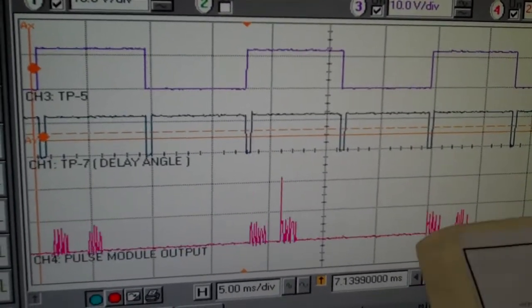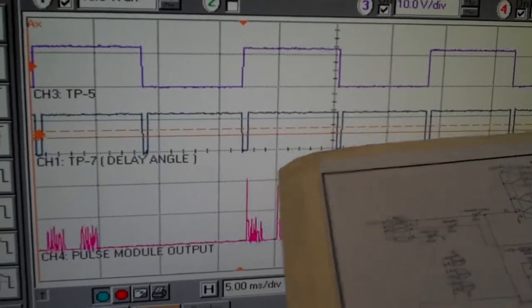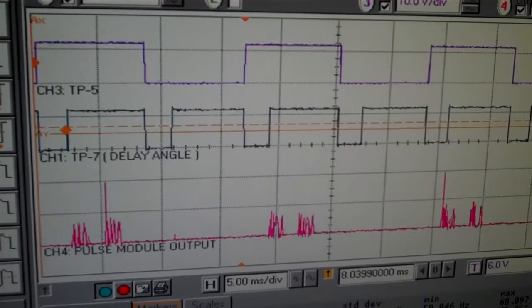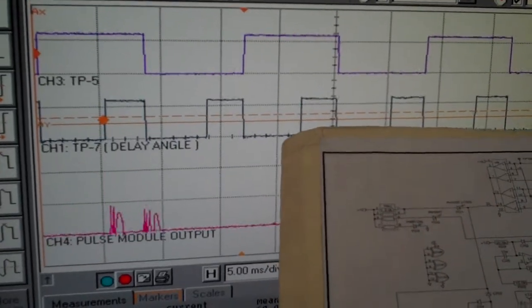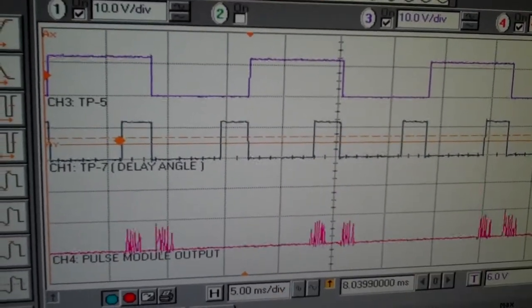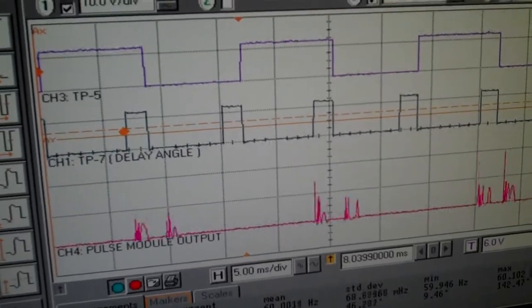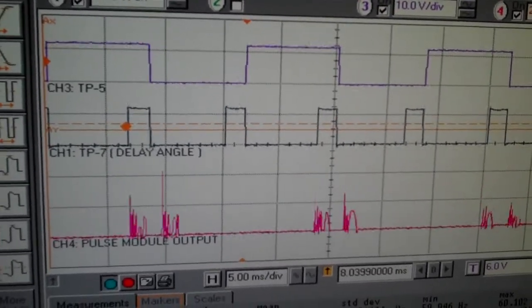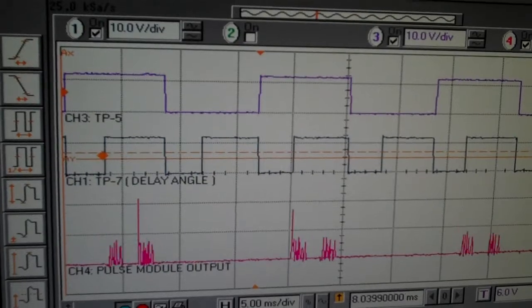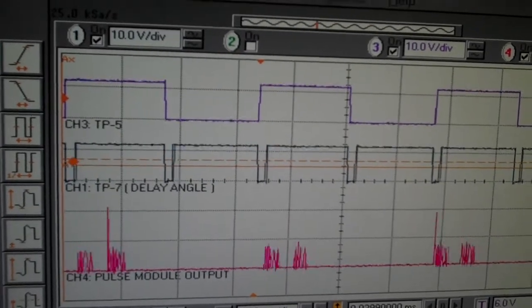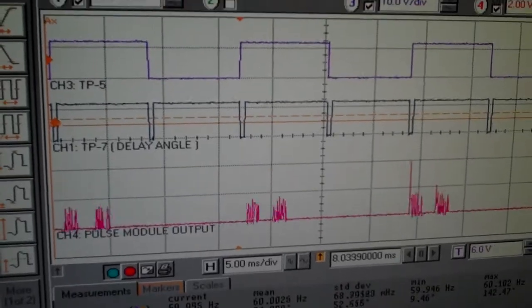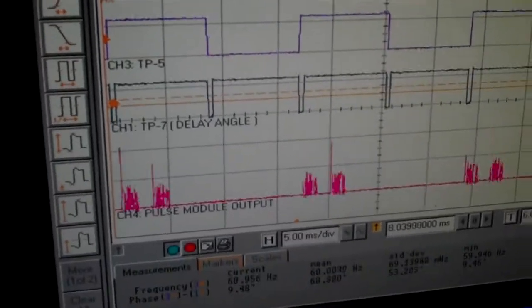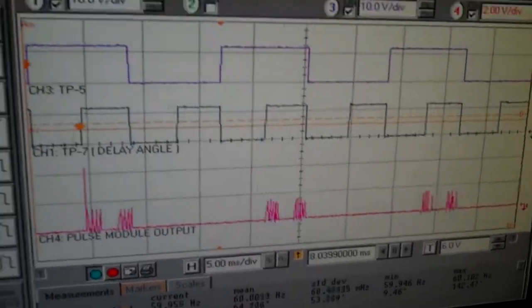We notice that the firing of the delay angle, go ahead Tony, as we start increasing, we change this delay and we start advancing the firing. Go ahead and bring it back to 0, Tony. You're at 0. I'm full on right now. Okay.